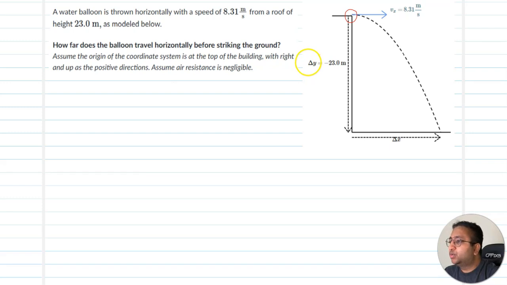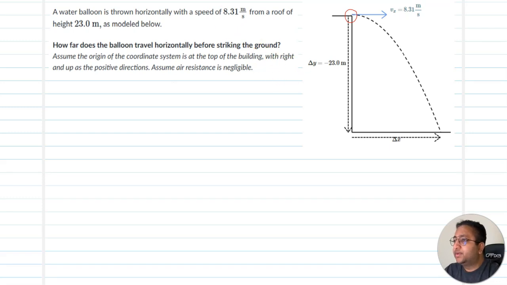Now, when you throw the ball horizontally, there might be some air resistance acting on the water balloon, which may lower the horizontal distance that it can cover in the absence of air resistance. So that's why we have been asked to assume that the air resistance is negligible in this case.